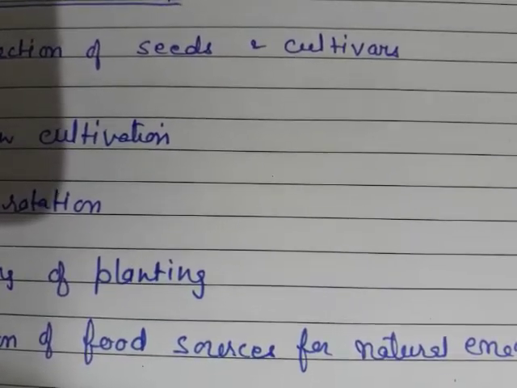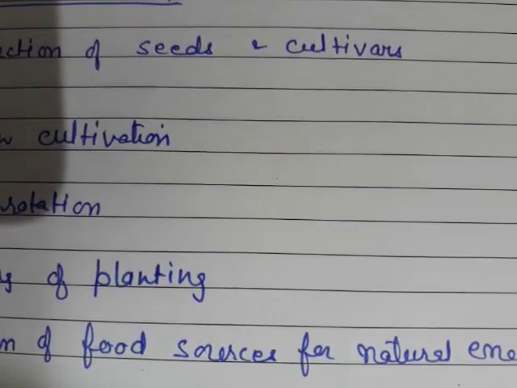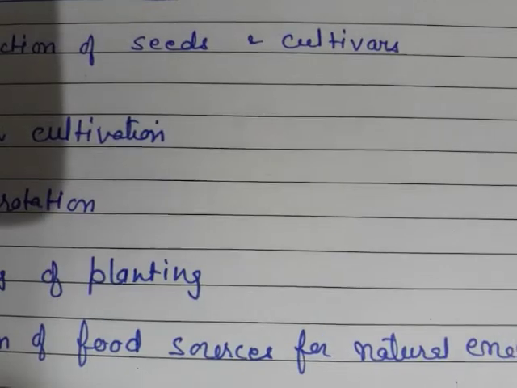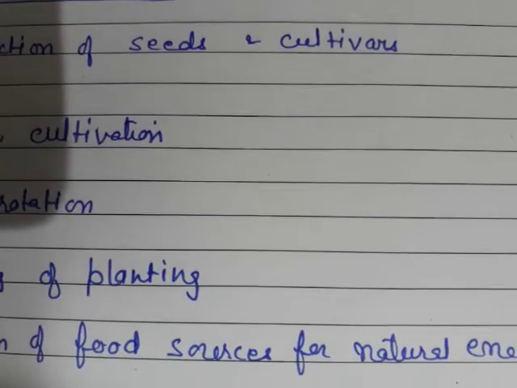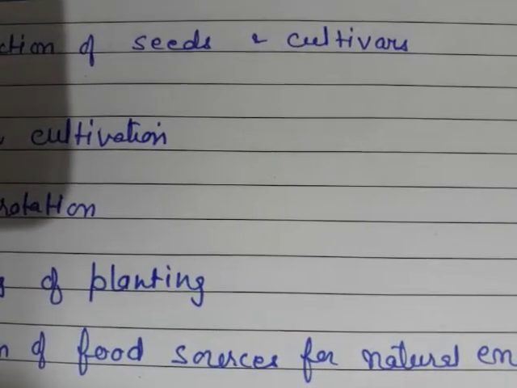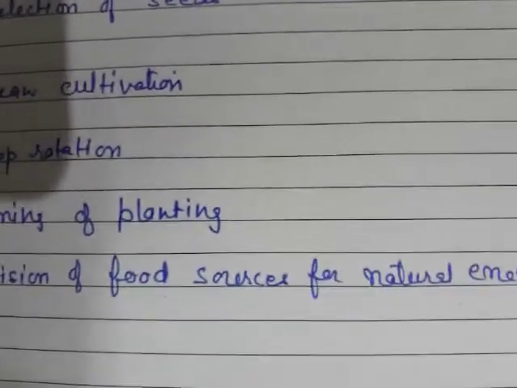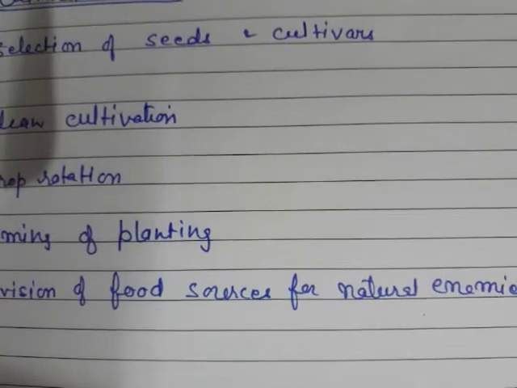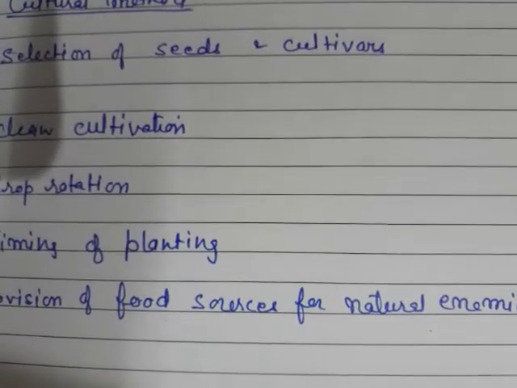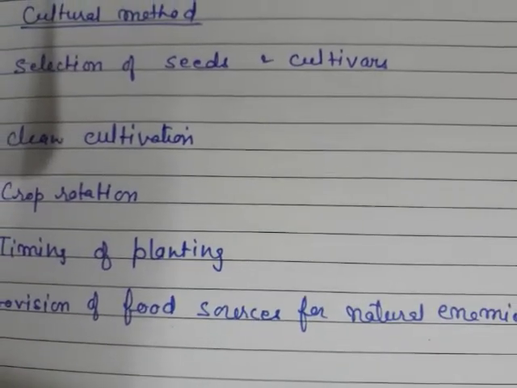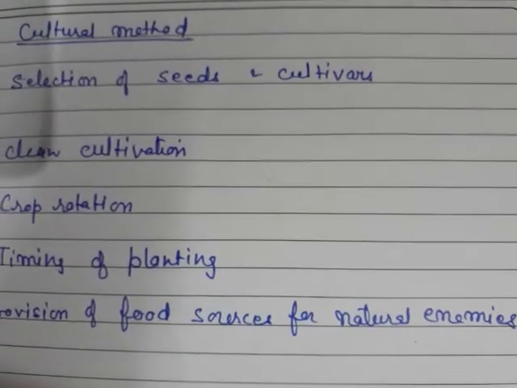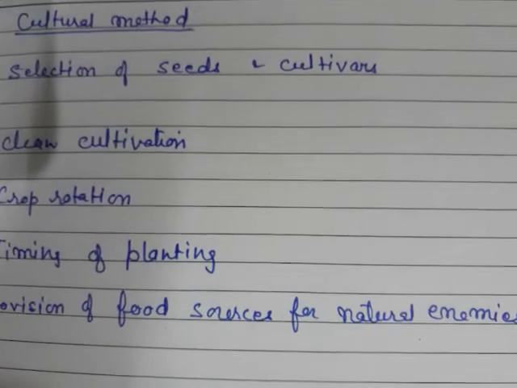Vineyards planted near blackberry stands along rivers and streams have high level of parasitism of E. elegantula. So this is a good example of provision of food sources for natural enemies, because these natural enemies can control the pest.